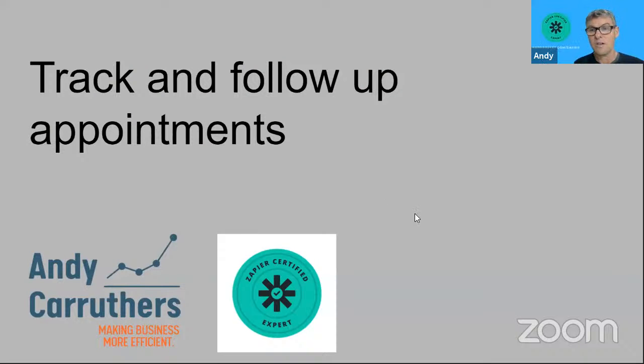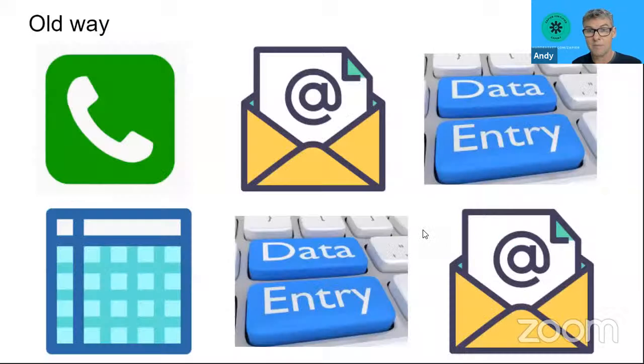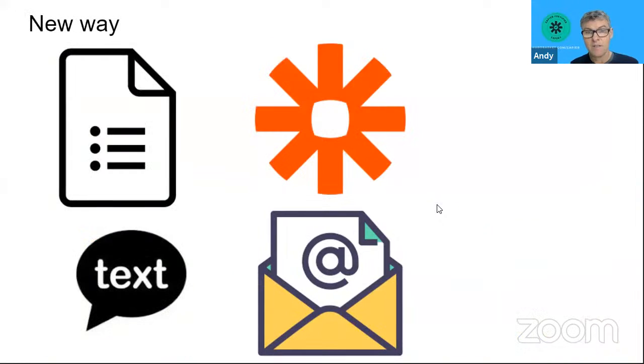Okay. So another example, tracking and following up appointments, which is something that a lot of businesses need to do. So old way again, phone, email, manual data entry. Using a form, Zapier, a texting app, and email, we're able to streamline and automate that manual work.